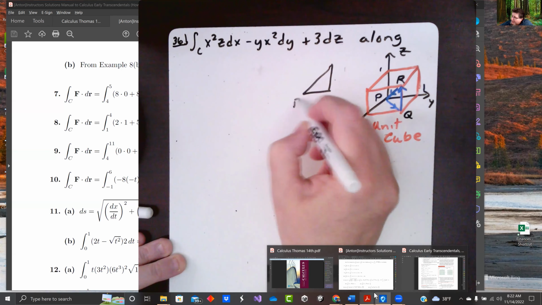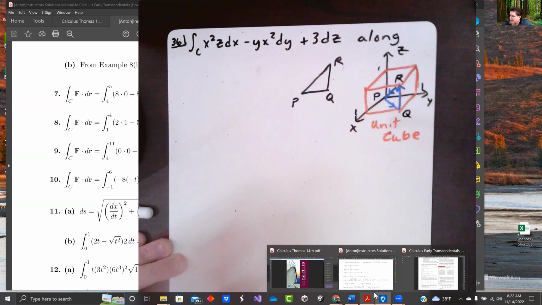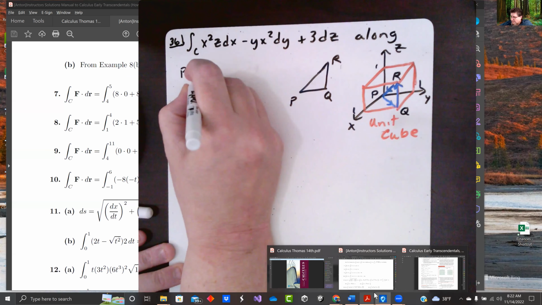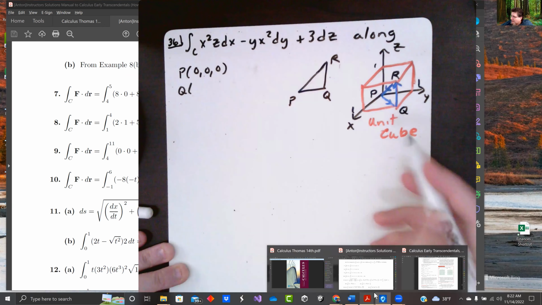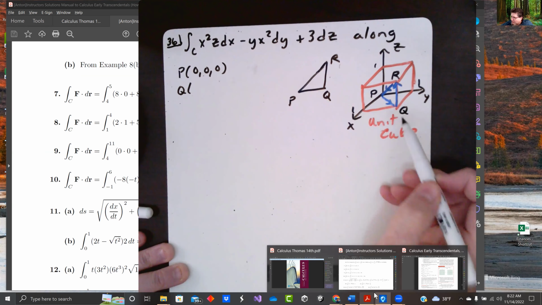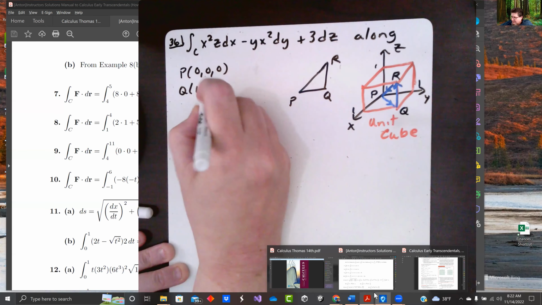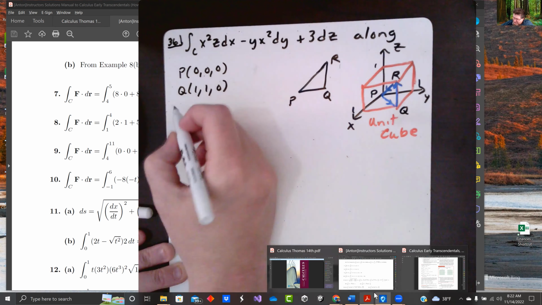Like that. That would be P, Q, and R. It might make it a little easier to work. It's not X, Y because the values are different. P is the origin. Q is along the x-axis one, along the y-axis one, but nothing along Z. And R is exactly 1 unit in Z direction up from Q.